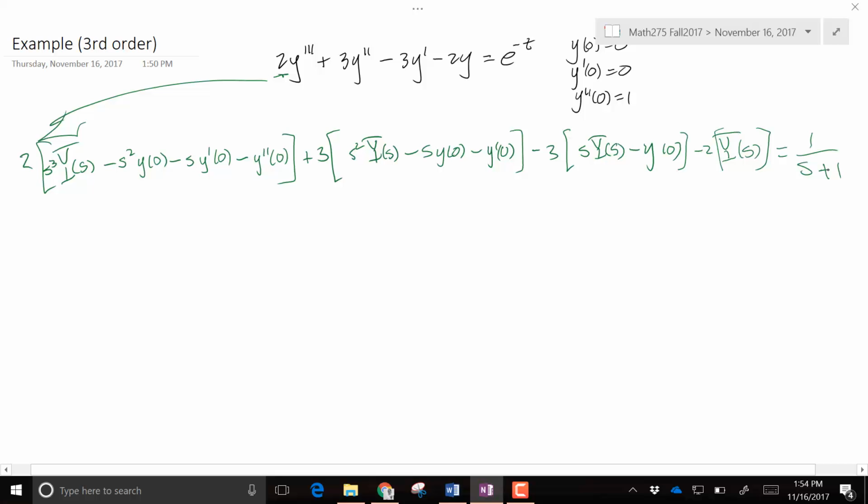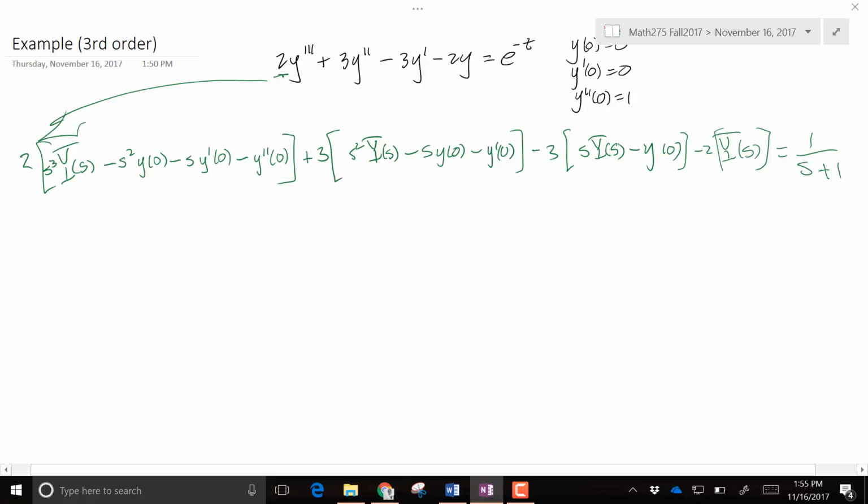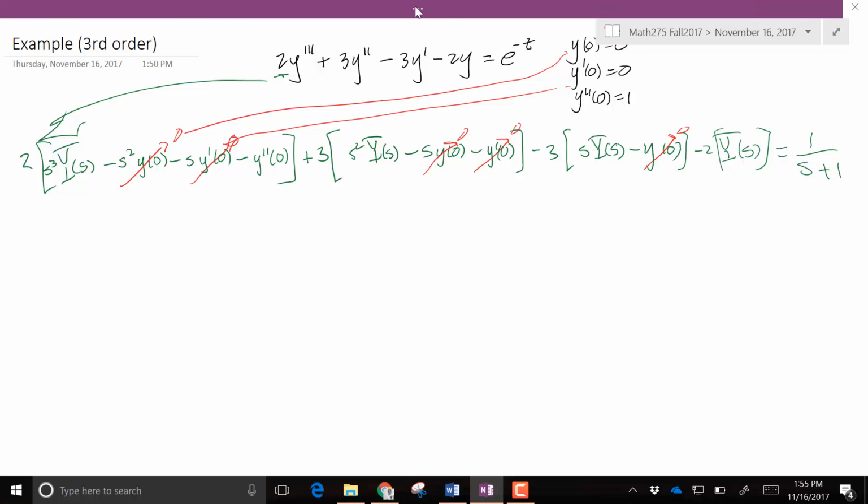All right. So now, easy. Well, let's knock a bunch of these out because of the 0. We got a bunch of zeros there, and then 1, 1.